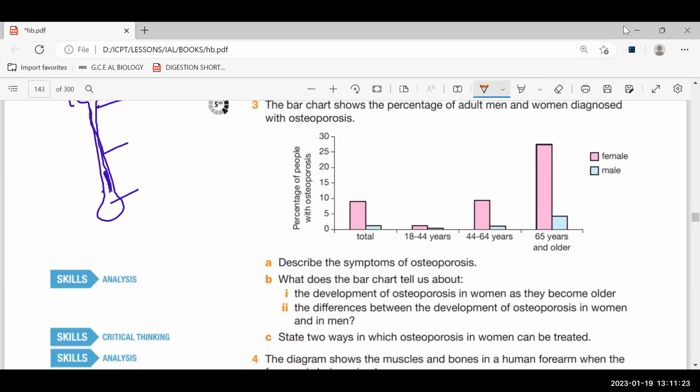Next question. What does the bar chart tell us about the development of osteoporosis in women as they become older? If you look at this bar chart, female is a pink color and male is a blue color. So we can notice even at age 18 to 44, the female has a higher percentage, and after 65 years it's very high. So females can develop osteoporosis more than males, at all the age groups.